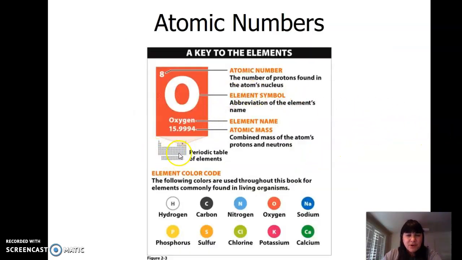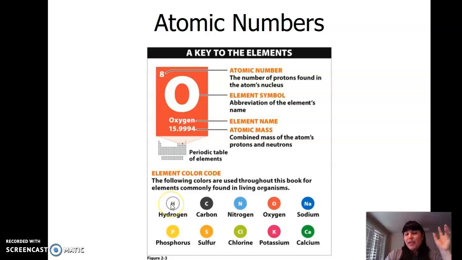So here is the periodic table. Here it shows, like in one of those little squares, here's oxygen. And oxygen's atomic number, the number of protons. Okay, so oxygen atoms always have 8 protons. And then they would have electrons orbiting around, right?